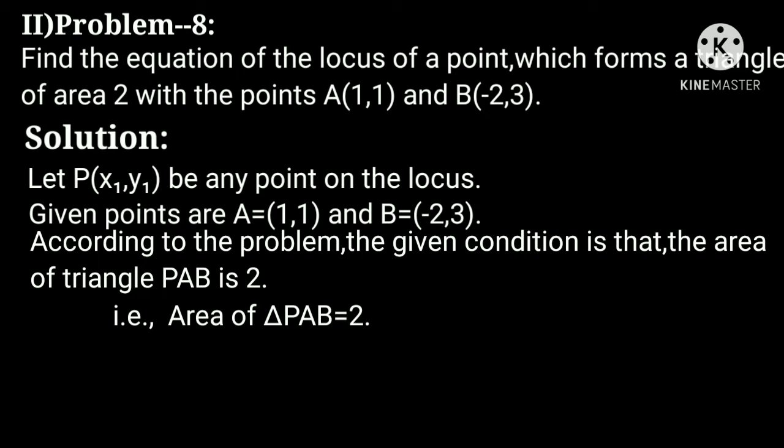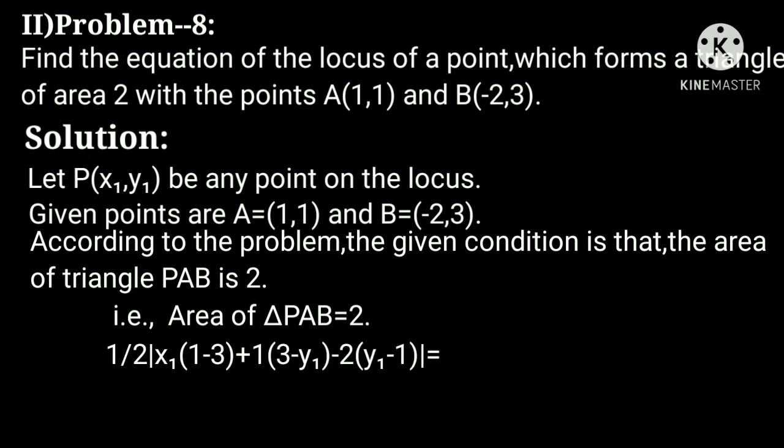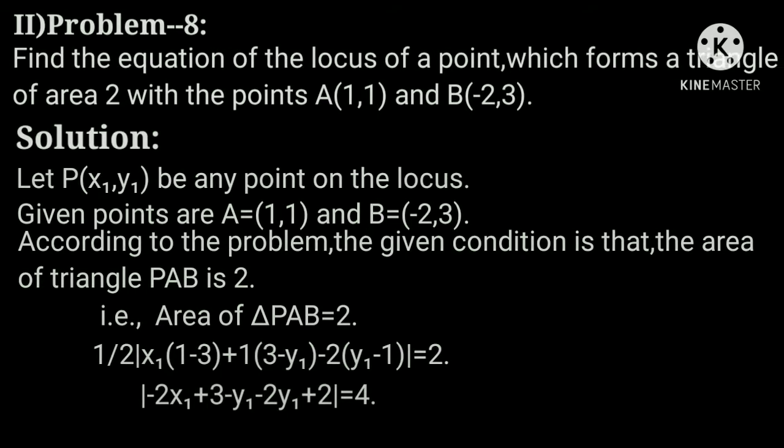Then we have half into modulus x1(1 - 3) + 1(3 - y1) + (-2)(y1 - 1) = 2. Taking cross multiplication and simplifying, we have modulus -2x1 + 3 - y1 - 2y1 + 2 = 4. After simplification, modulus -2x1 - 3y1 + 5 = 4.